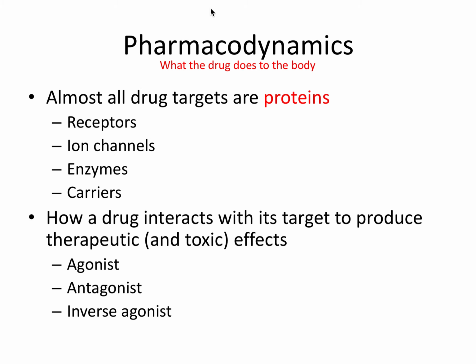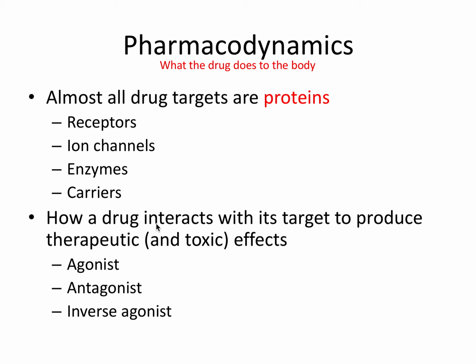So pharmacodynamics is all about what the drug does to the body. Almost all drug targets are proteins of some sort. So these active drug molecules will be binding to various proteins to create their effects. And these proteins can be receptors, ion channels, enzymes, or even carriers.